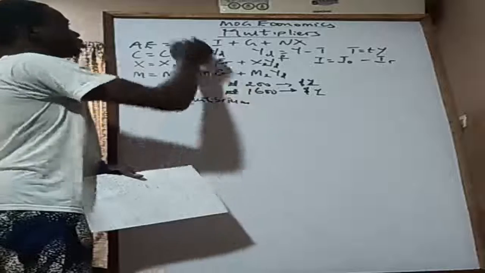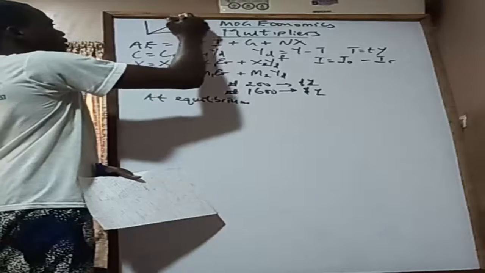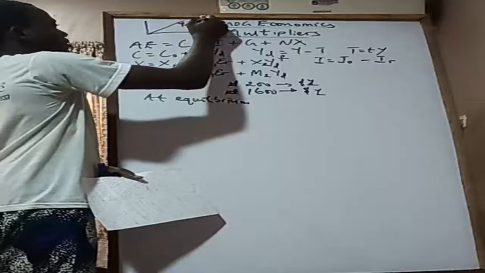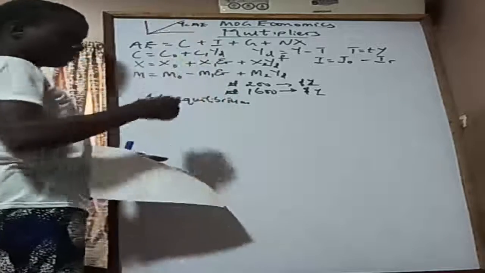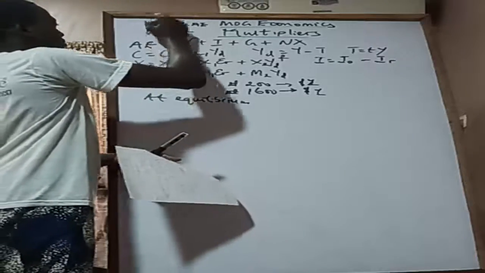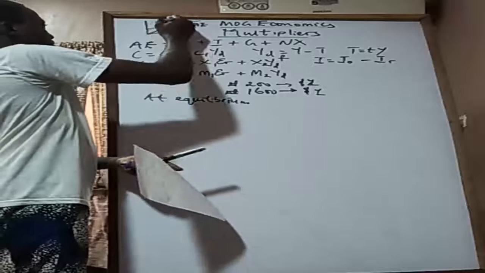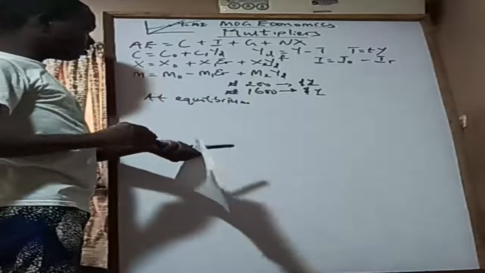Of course, you must have been introduced to this graph before. This is the 45-degree line where Y equals AE, and then you have your aggregate expenditure curve, something like this. So at equilibrium, something like this place, Y is equal to AE.